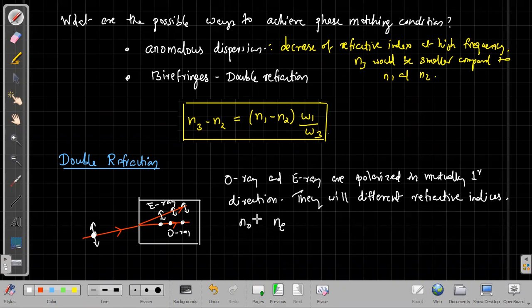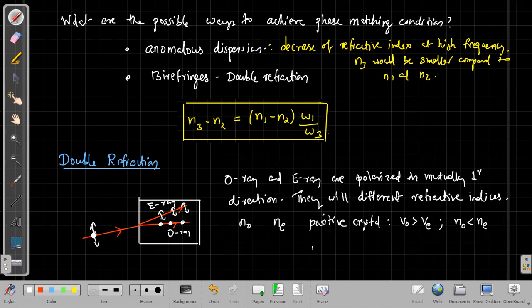Depending upon which is greater and which is lesser, we'll classify the double refracting crystals into two types: positive crystal and negative crystal. A crystal is said to be a positive crystal if the speed of the ordinary ray is greater than the speed of the extraordinary ray. In terms of refractive index, the refractive index of ordinary is less than the refractive index of extraordinary.